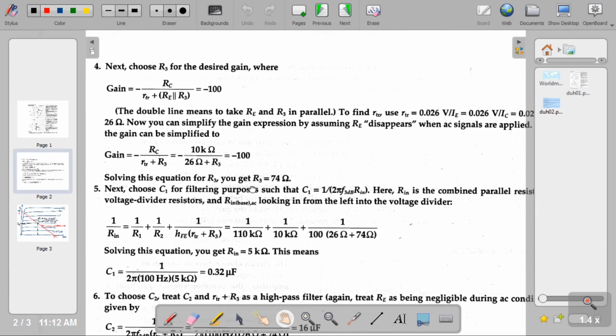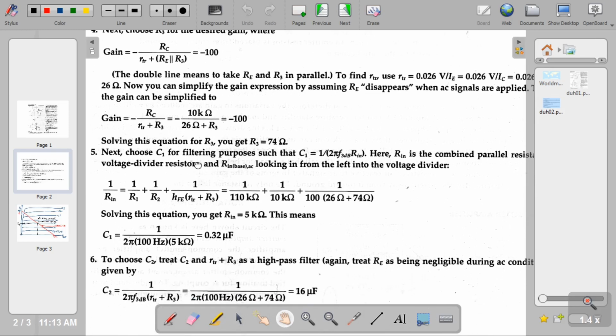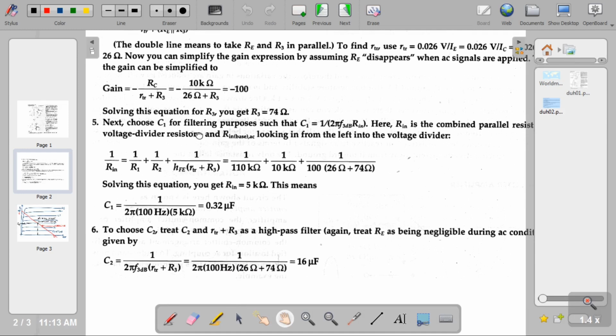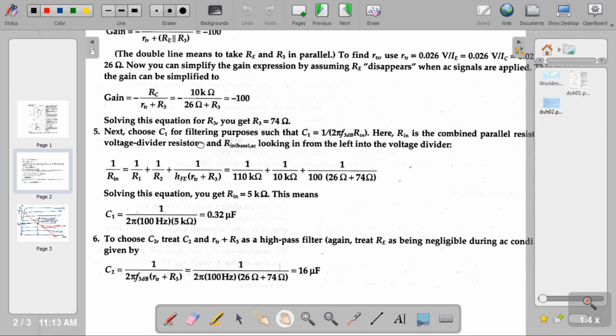But I'm not going to comment on it, I'm just going to show you. So you have a certain gain you want, so you choose the R3 based on that. So that's the formula. Then he computes the C1, the filter, and then he computes C2, so both filters, and that's it.